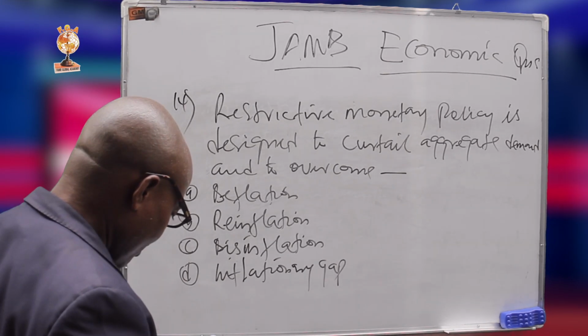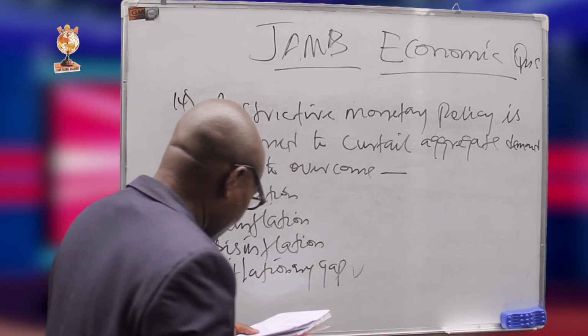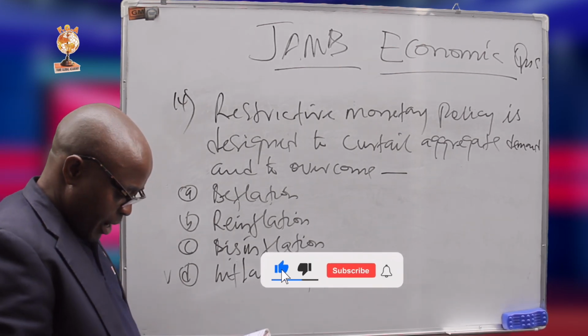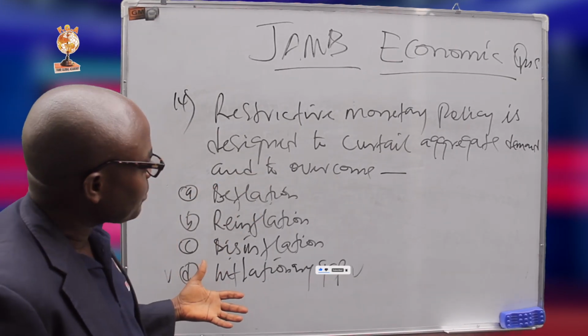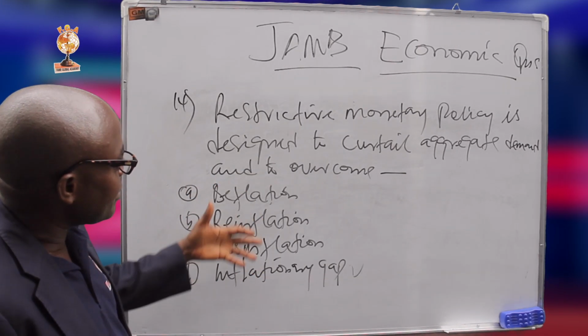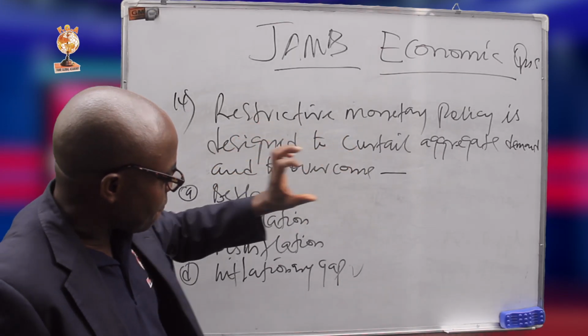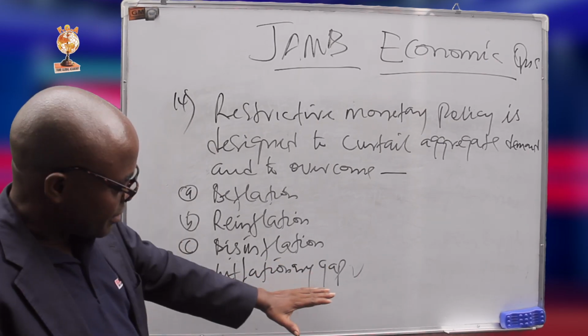Inflationary gap. So here we picked inflationary gap. The reason for this is a policy they equally introduced into the economy. The only way to really reduce the influx of people coming to pick money from any of these financial institutions is to introduce this gap.